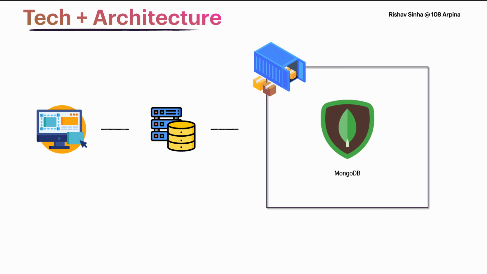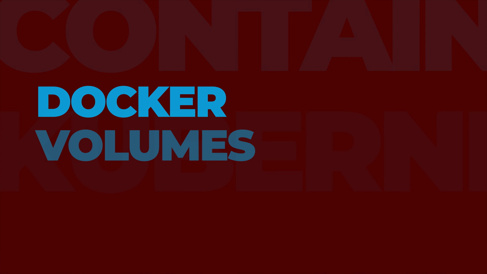The good thing is that we don't need to install MongoDB. We will be using containers to handle that. As I told you, we'll have a storage. The to-do list will be stored on this MongoDB container running locally on your system.